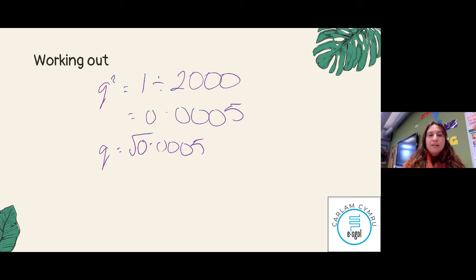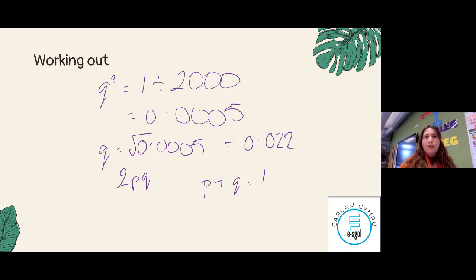So we're going to get 2pq. Using the formula, we have to do p plus q equals 1. So q squared we've already looked at, and we've got the square root here, which is 0.022. You can do this all on a calculator.